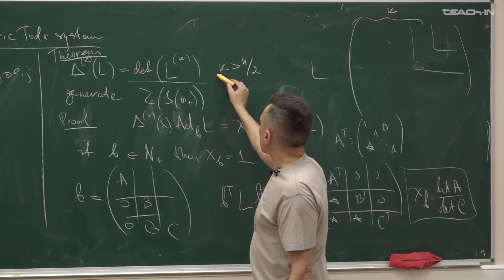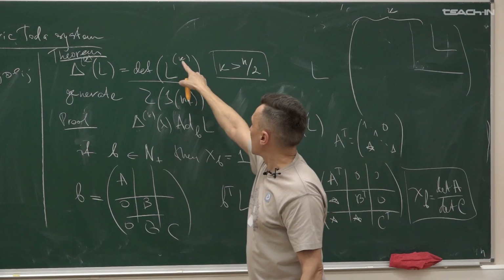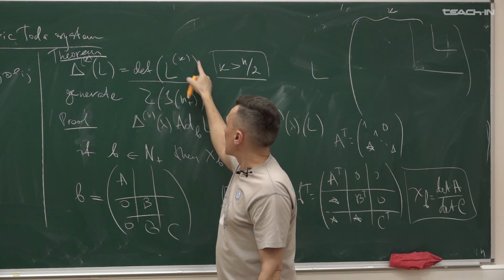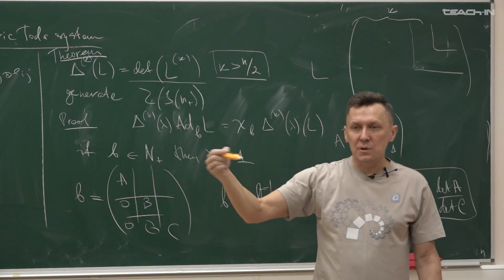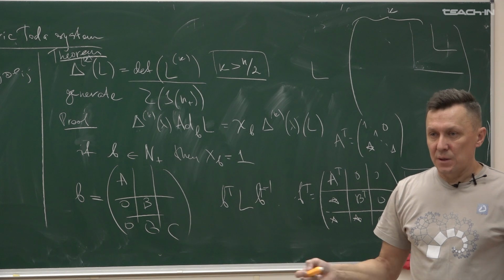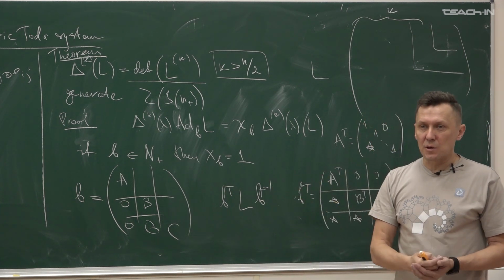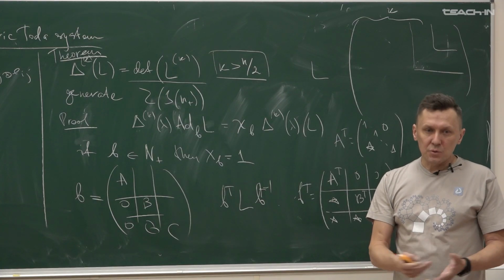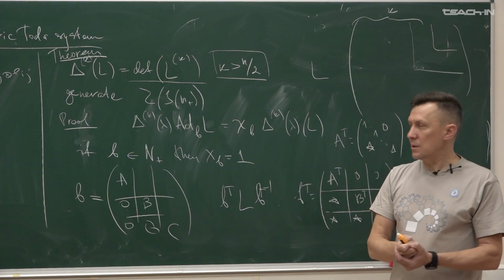So my statement is that in this interval of values of indices, these polynomial functions depend only on the nilpotent part of the Lax operator. And they are invariant with respect to the action of the nilpotent group. So it means that they are central. Okay?